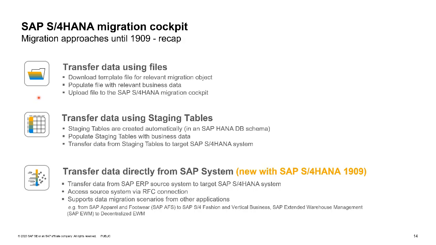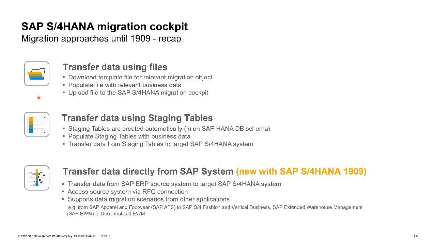As soon as the data are stored in the staging table, I can process it further with the cockpit functionalities. And with 1909, we launched the transfer data directly from an SAP system, the so-called direct transfer. Here we have an RFC connection to an SAP system, and the cockpit takes care of the data selection, not anymore the business user working with the cockpit, but the cockpit itself does this for you.